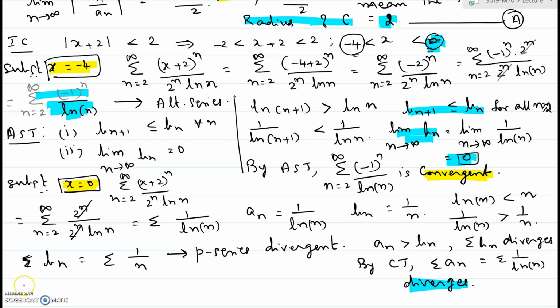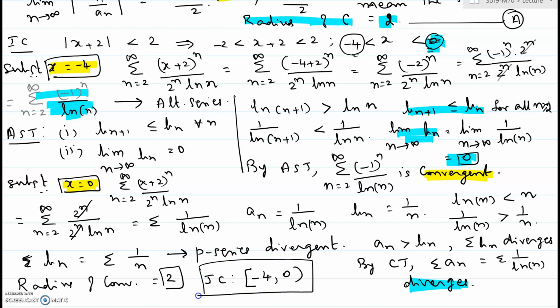So looking at all this, we have concluded that the radius of convergence from part A is equal to 2, and for the interval of convergence, at negative 4 it converges, but at 0 it doesn't converge. We already know that from negative 4 through 0 the series converges. So the interval of convergence is closed at negative 4, open at 0, and the radius of convergence is 2.